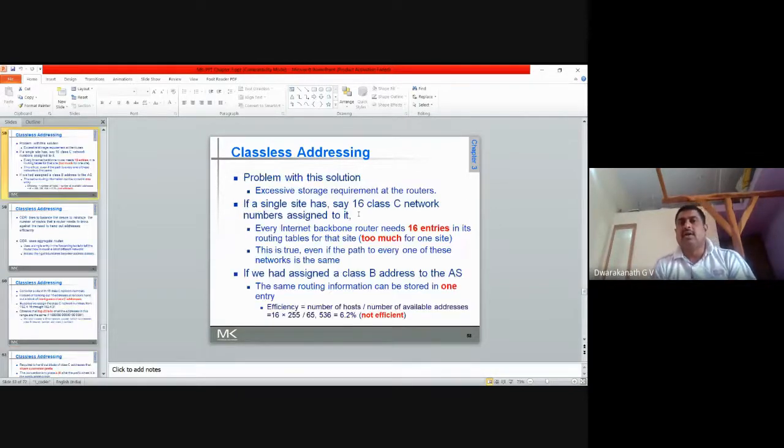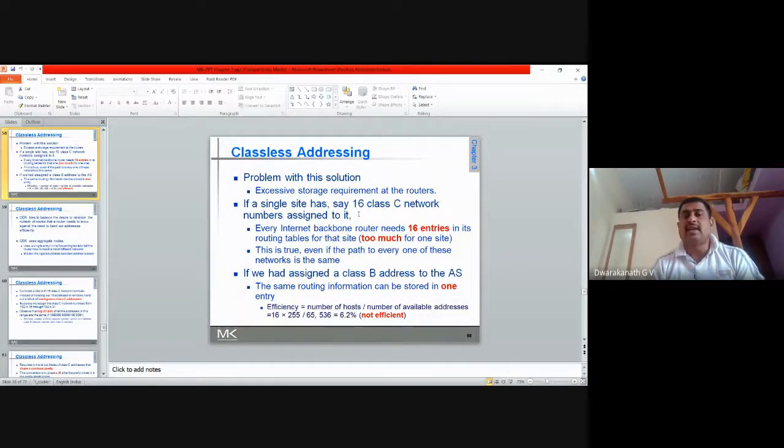Coming to the next, the problem with this solution, that is subnetting: excessive storage requirement at the routers. When you are going for subnetting to solve this problem, subnetting is good, but how many LANs have been connected? Assume 3 LANs. If a router has been connected, it stores the details of that particular LAN, so it needs excessive storage area in that particular router.